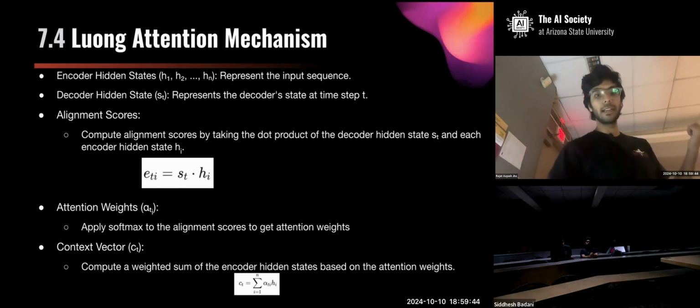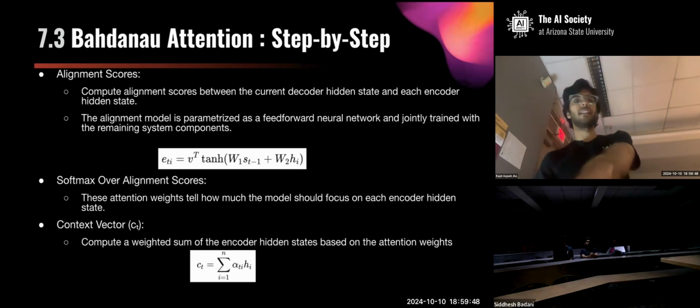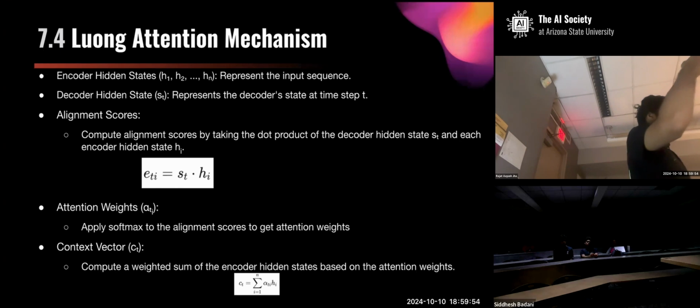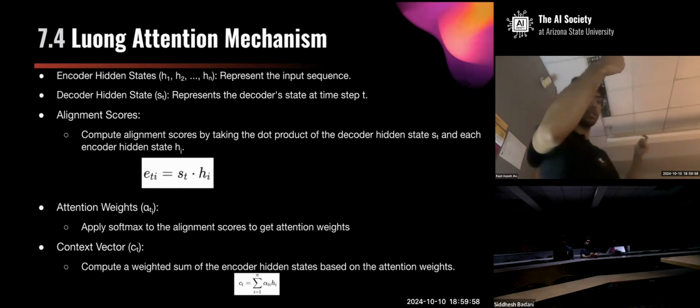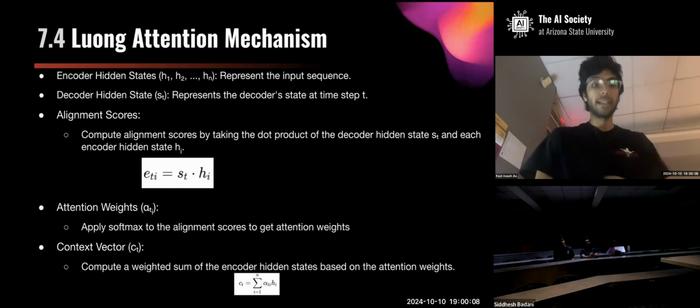Previously, in the earlier cross attention, we were doing all this using a neural network and getting the alignment score. Here, if you are at decoder state 3, you just take the dot product with encoder state 3, and you get the alignment score. Then you apply the softmax activation function, and you get the attention score.